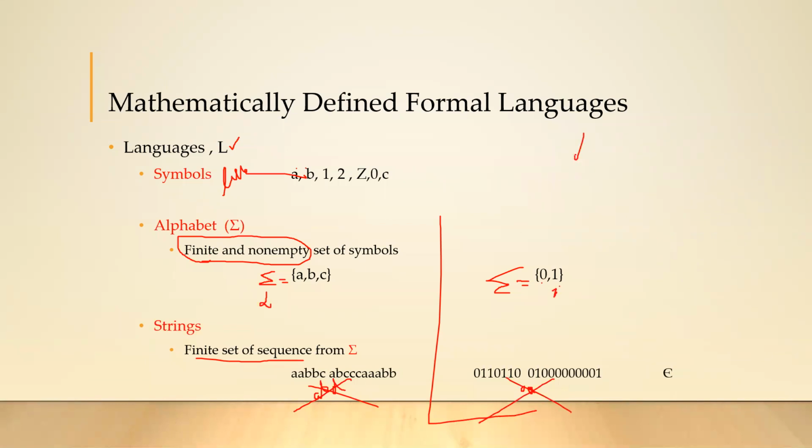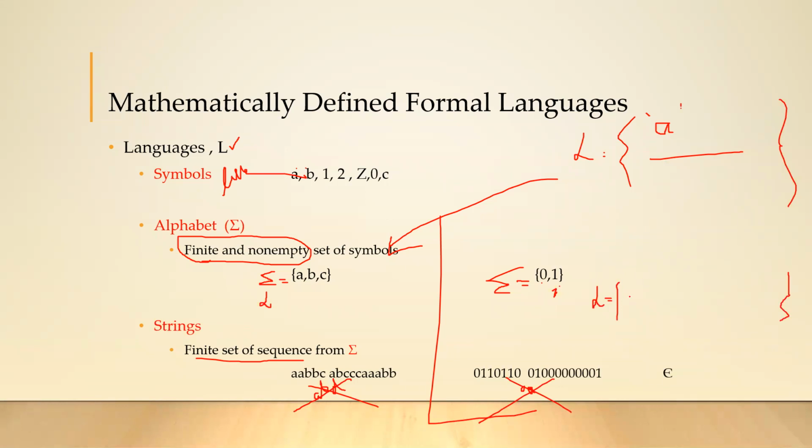A language is nothing but a set of many strings. For example, I can construct a language with all strings which start with A. For this particular alphabet, I can have a language where everything starts with A. A language is also a set.